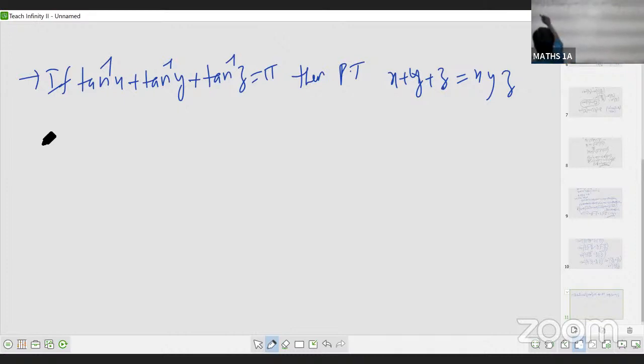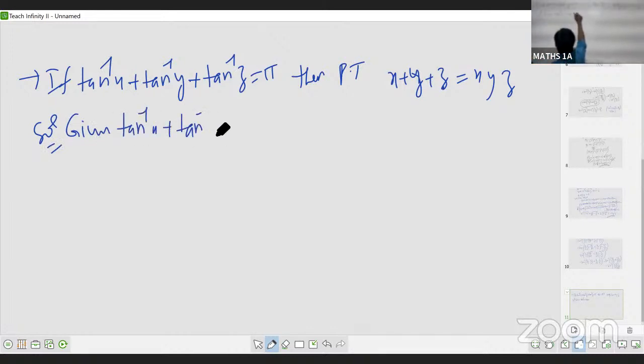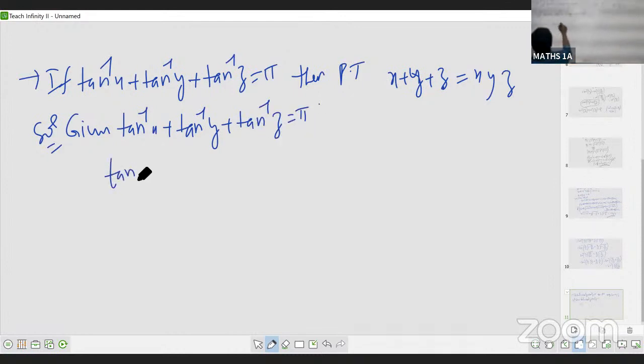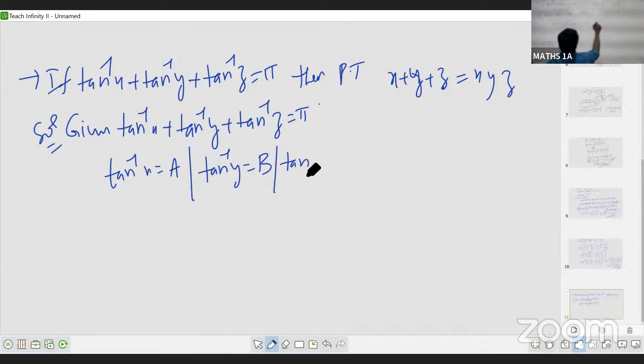Now, what is given is tan inverse x plus tan inverse y plus tan inverse z equal to pi. Let tan inverse x equal to a, tan inverse y equal to b, tan inverse z equal to c.